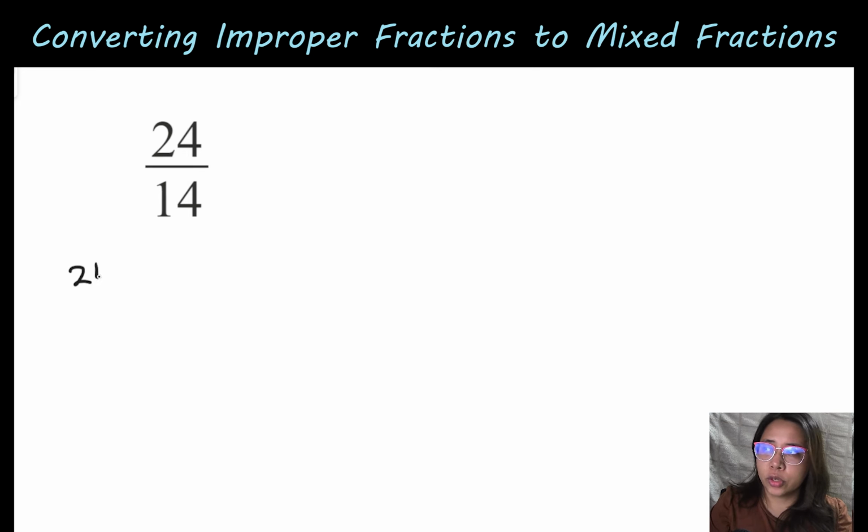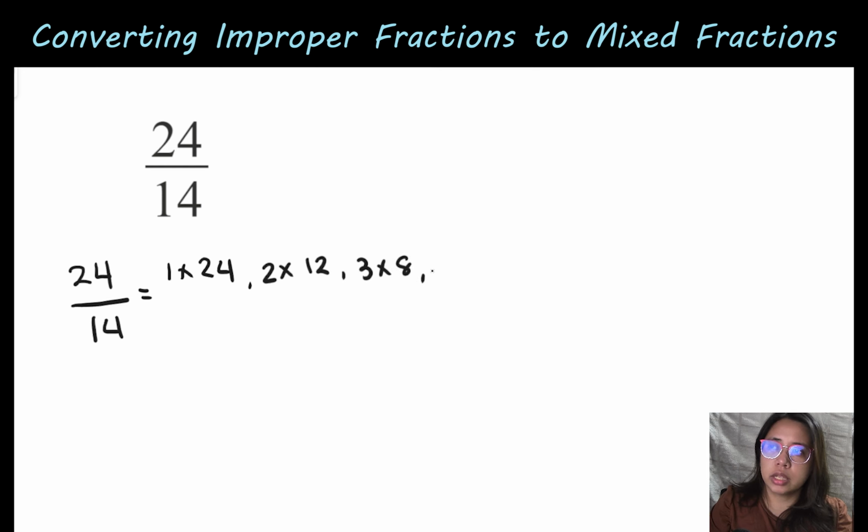Okay, so we have 1 times 24, 2 times 12, and then 3 times 8, and 4 times 6. Yung sa 14 naman, we have 1 times 14, and 2 times 7. Okay, so kukunin natin yung kanyang greatest common factor. In this case, we have 2.